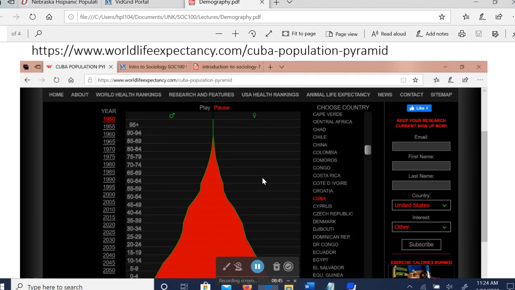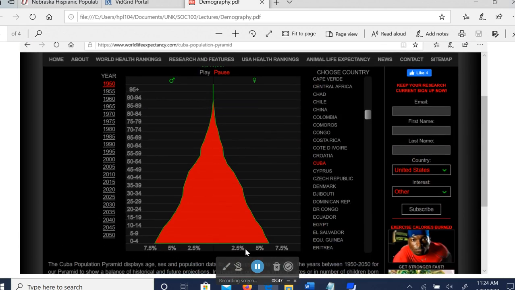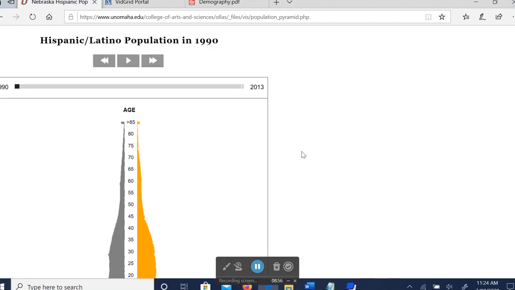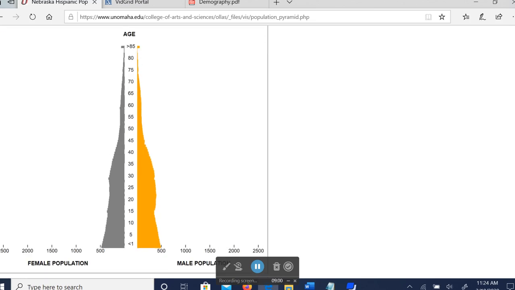And for China is also a bigger triangle for these countries in the 50s. So this can imply that the Hispanic population were growing. There were more young people for the younger age groups, for both men and women, and it declined as people progressed through age.